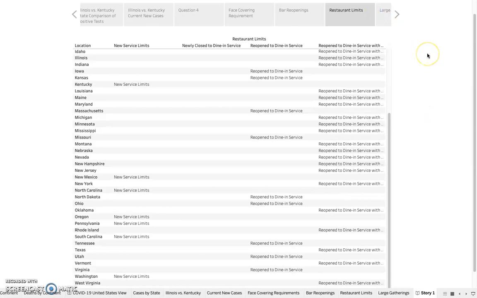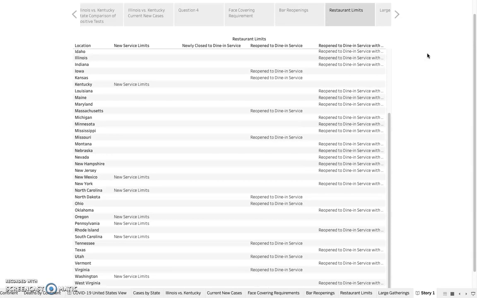And then going forward, restaurant limits. The next thing I wanted to look into was restaurant limits and see why each state has certain restaurant limits and if that has any effect on the number of outbreaks. Kentucky has new service limits, and Illinois has reopened to dine-in service with specific limited capacity.